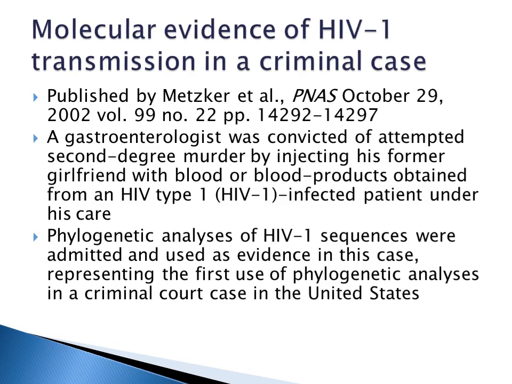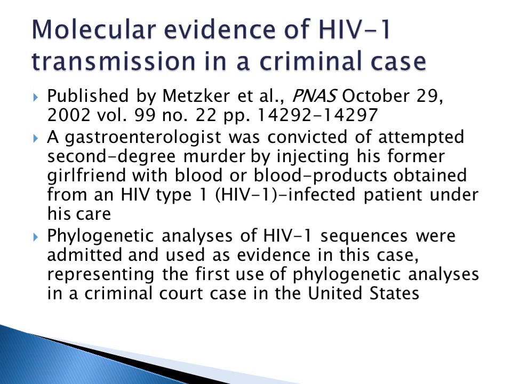So this is molecular evidence of an HIV-1 transmission criminal case, published in PNAS in October of 2002. This was one of the first criminal cases where a virus was used for a conviction.